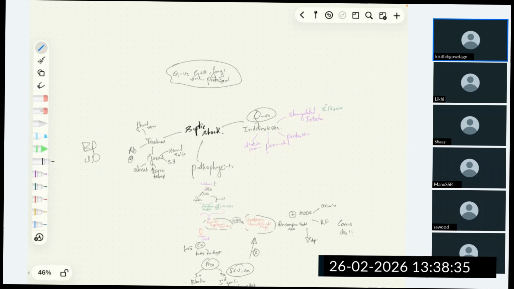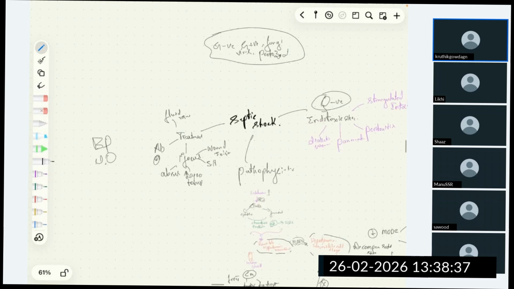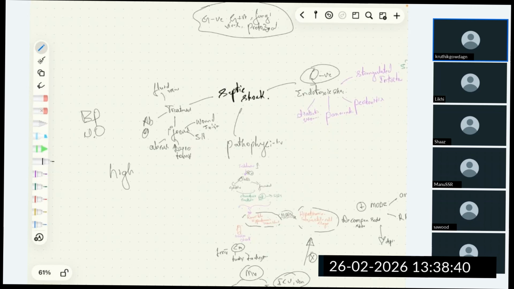And also, short-term high-dose steroid therapy helps. We discussed in hypovolemic shock that giving 500 to 1000 mg of hydrocortisone will help by preventing the effects of systemic inflammatory response syndrome.